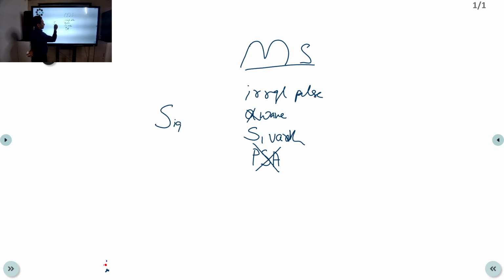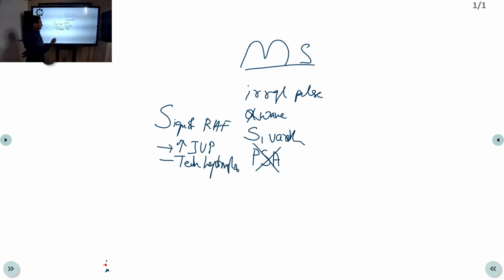One is signs of right heart failure or congestive cardiac failure, which include a raised JVP. You'll have tender hepatomegaly. You can have ascites and pedal edema.